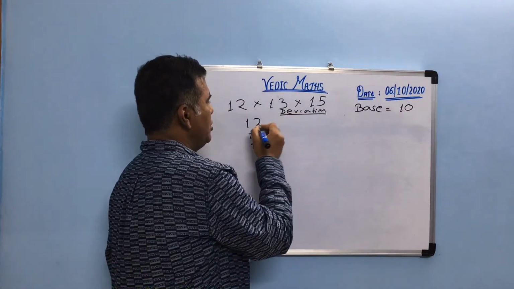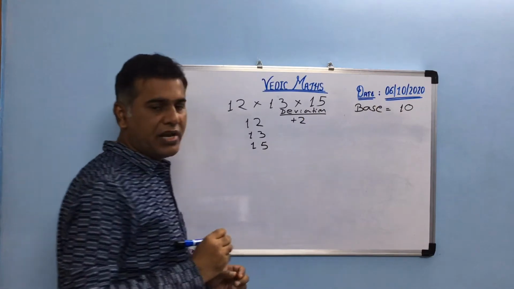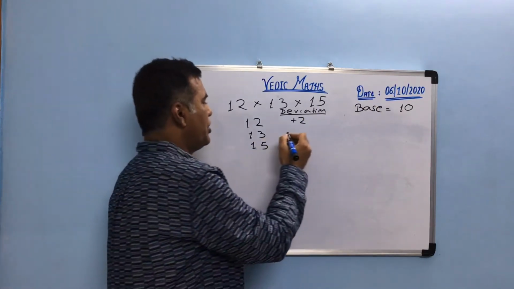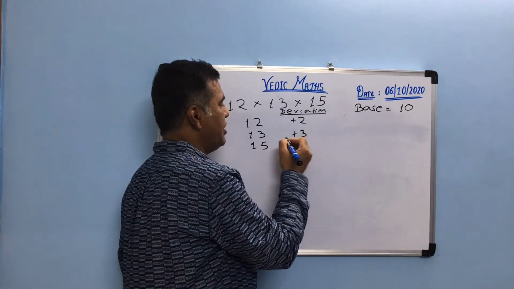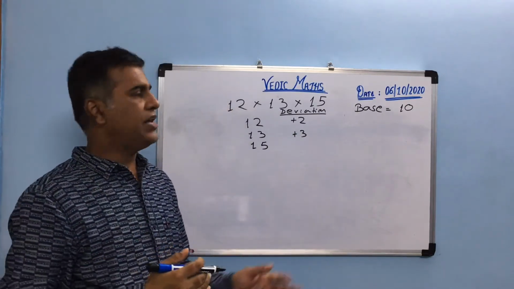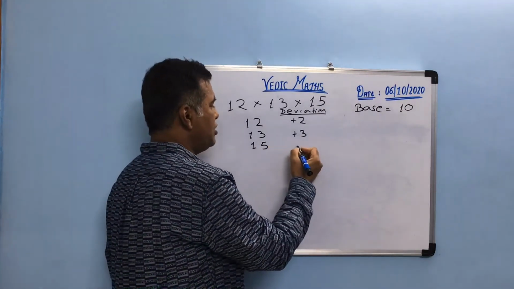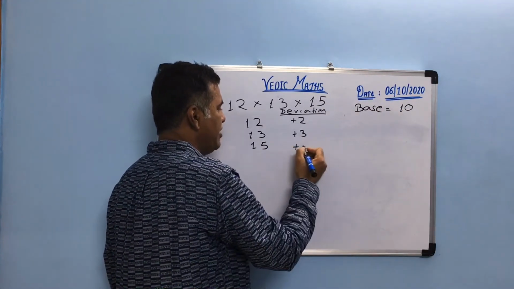So 12, since the base is 10, the deviation is 2. 13, the deviation is 3. If it is less, if it is 8 or 9, then you have to write -2, -1 like that. 15 is 5 more than the base, so I will write 5.